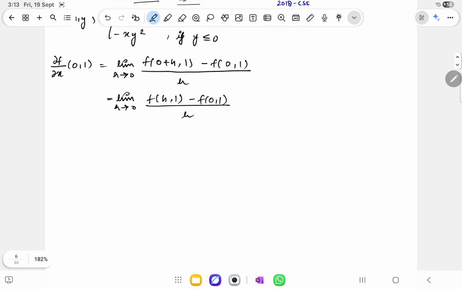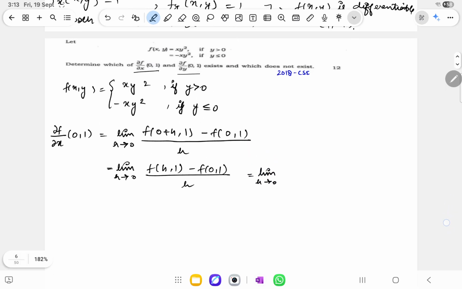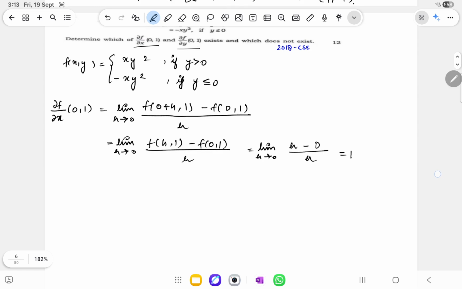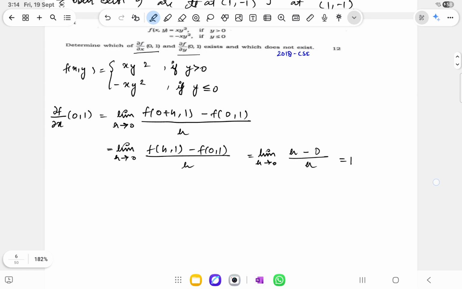Here f(h, 1) is h and f(0, 1) is 0, divided by h. So this limit is equal to 1. So this limit exists and it is equal to 1.